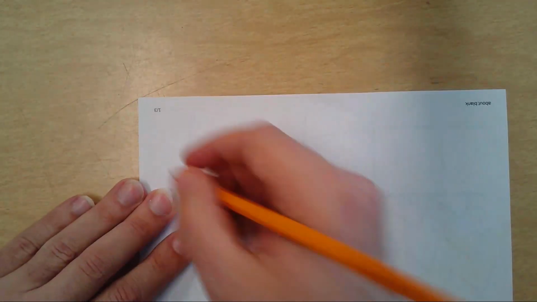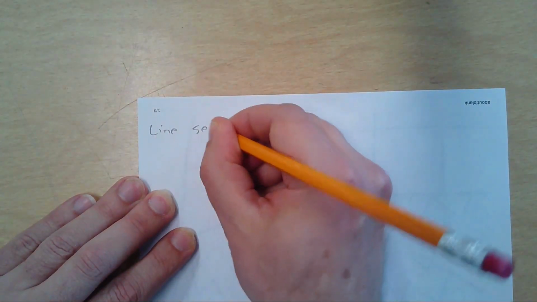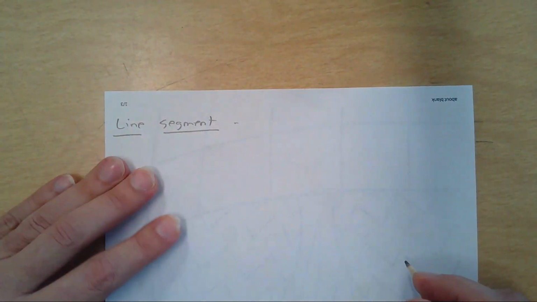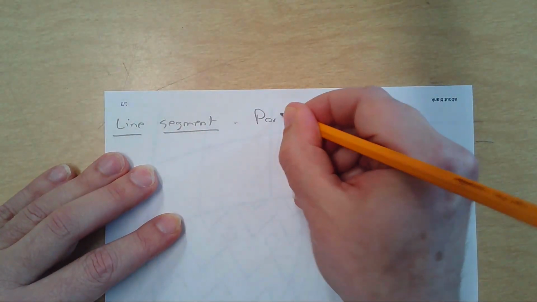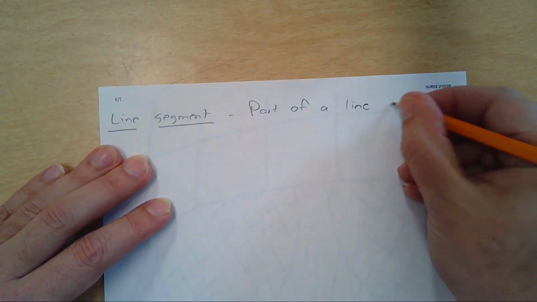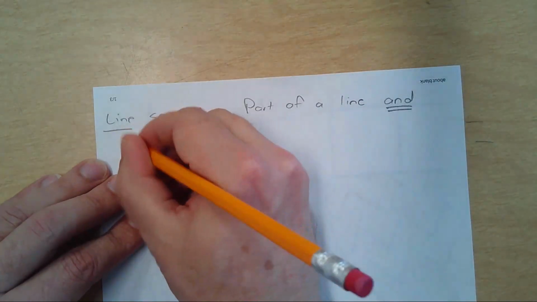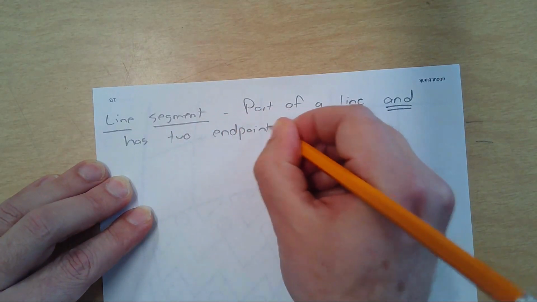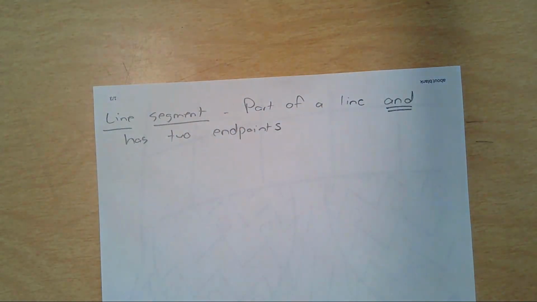Okay. Let's continue on. Boy, this is magical, isn't it? A line segment. All right. A line segment is a part of a line. And this is the whole key to it, it has 2 endpoints. Okay. It's a part of a line.